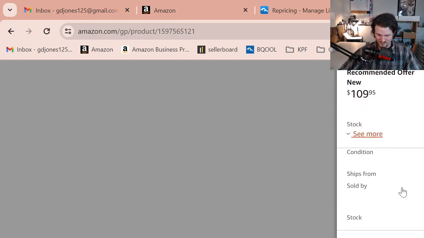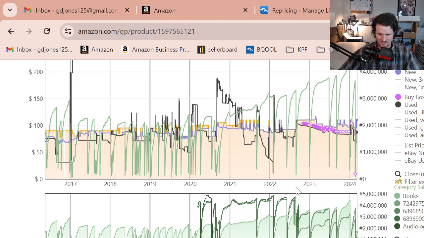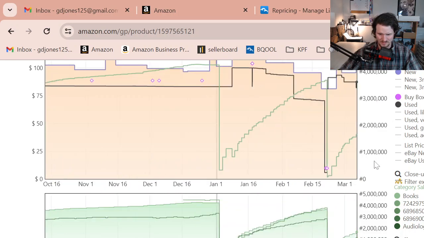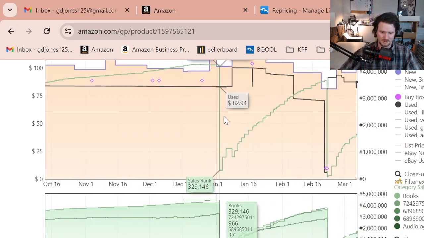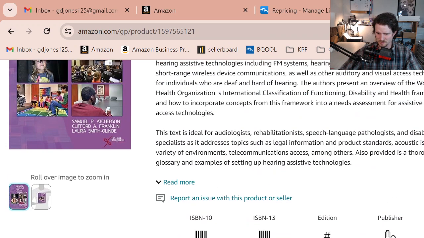But yeah, I think that $87 price is going to be the best in order to get a good sale right out the gate. Or 82. Let's do 82. Yeah, that sounds good. If we sold it for 82, that's $52 profit.